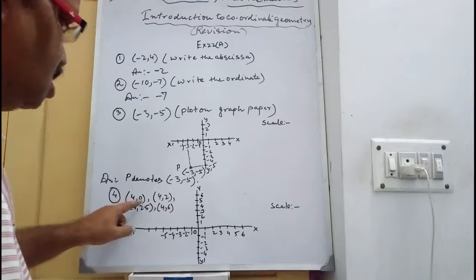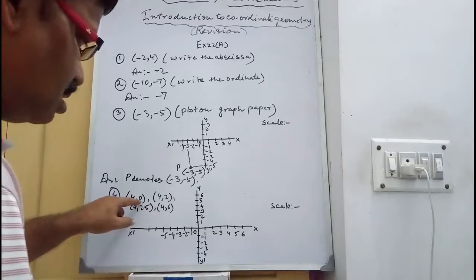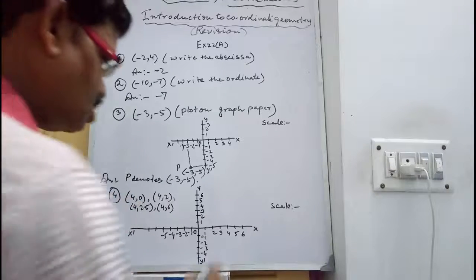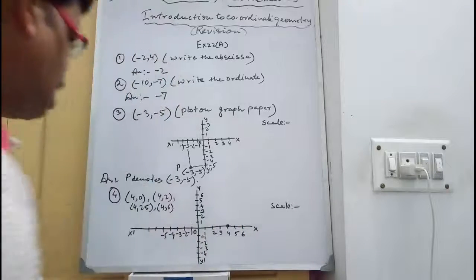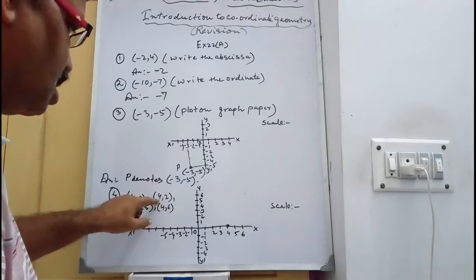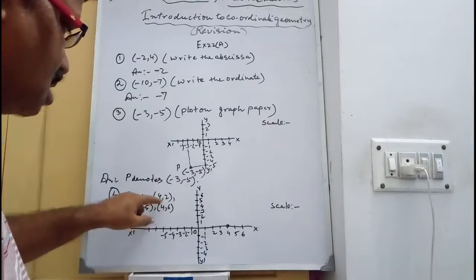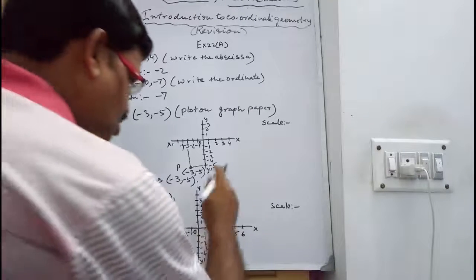First is 4, 0. This one is the value of x, this one is the value of y. So y is 0, so it will be on x-axis, that point. 4, 2. So 4 is x abscissa, 2 is ordinate, 2 is positive, so we go up.